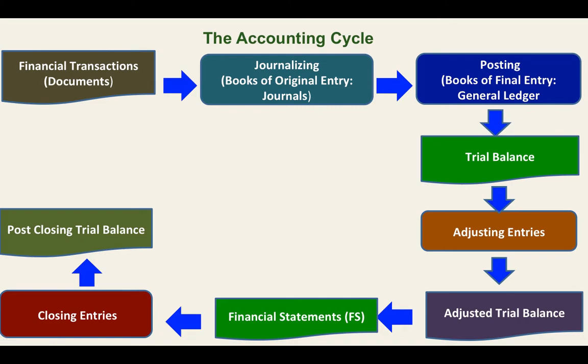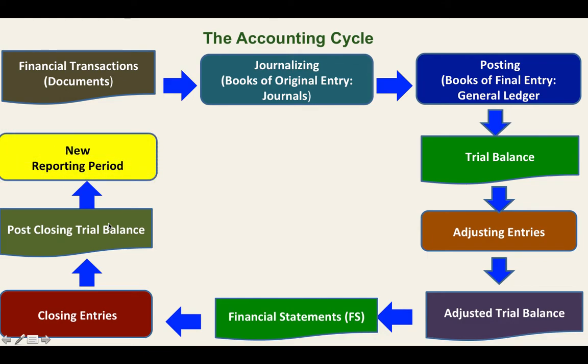And what are these accounts? These are the asset, liability, and equity accounts. So the revenue and expenses are to be closed. Okay? Then after that, we are ready to begin a new reporting period, and we can start again in recording the financial transactions for the new reporting period.